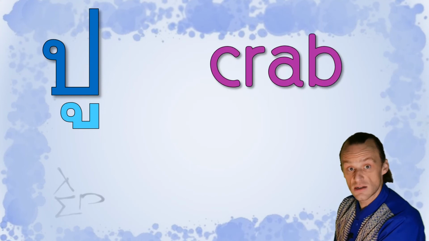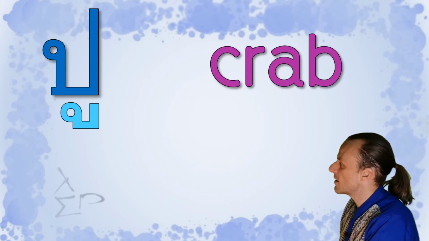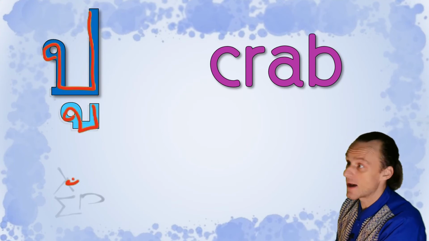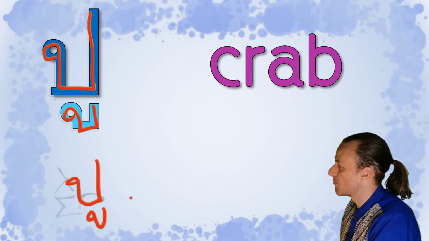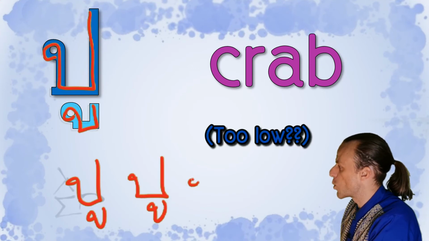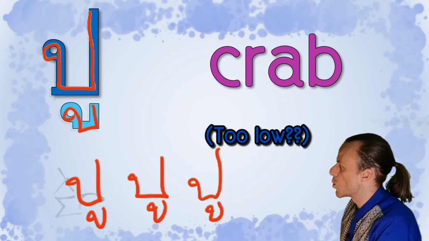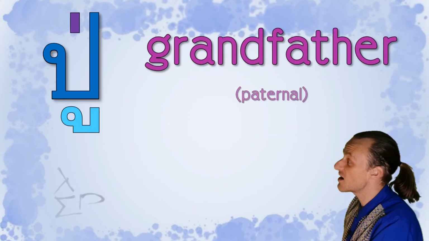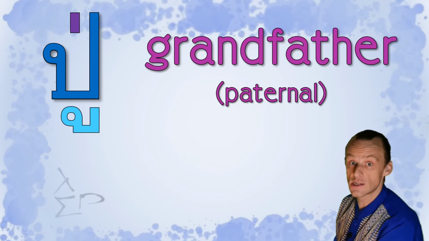Our next word is another one you might see on a menu, and that is bu, which means crab. And so this is very simply bobla sala u, bu. And this one is almost the same, but this time we have mai ek, so it's low tone.